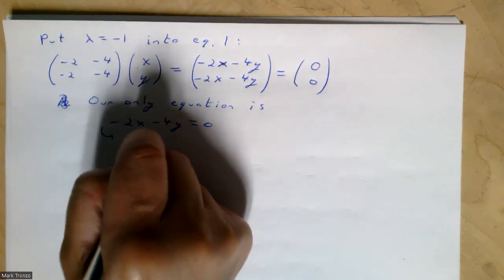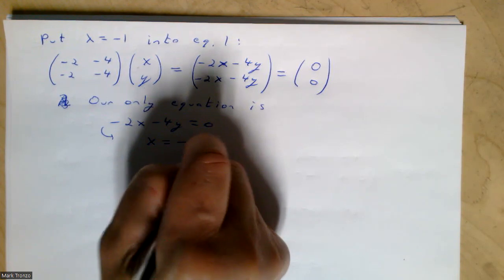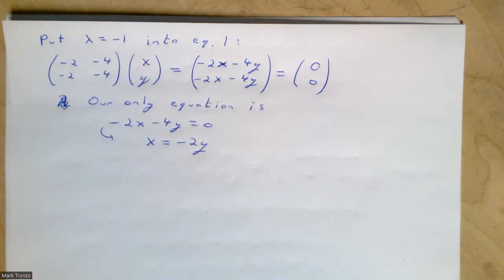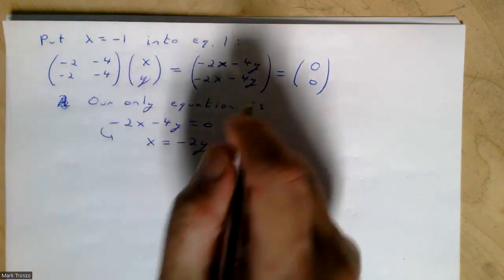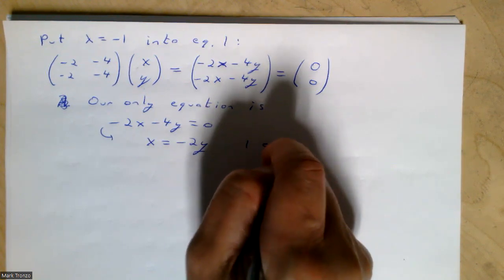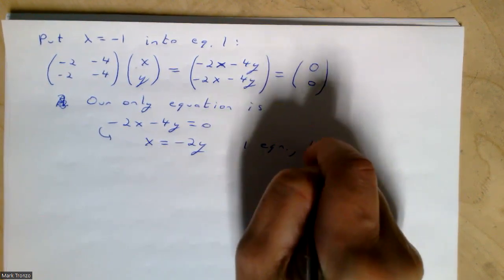That's going to give us x equals minus 2y. And so now here's what we have: one equation and two unknowns.